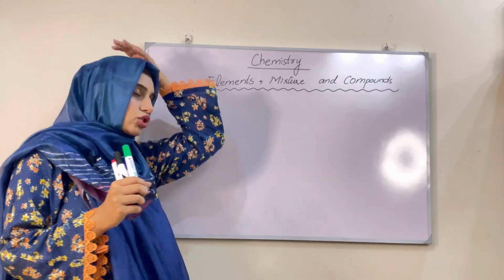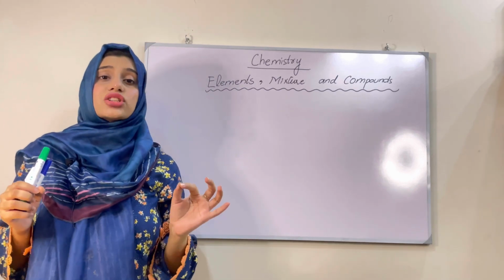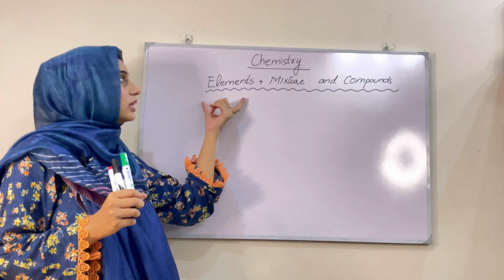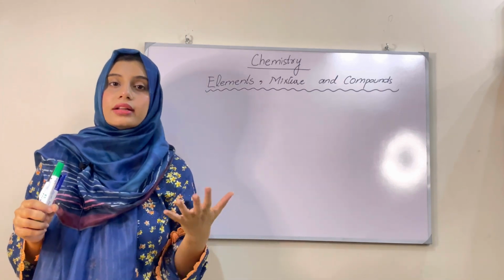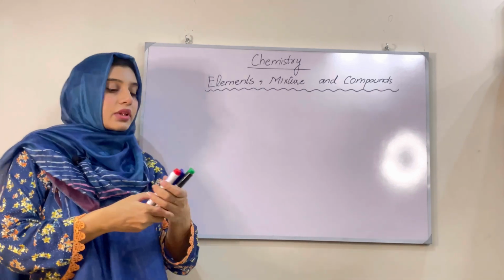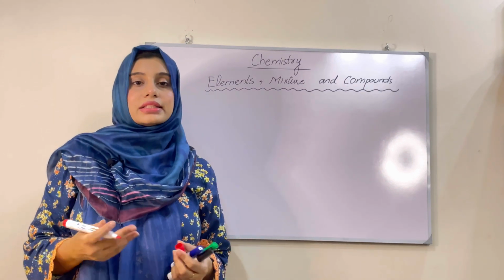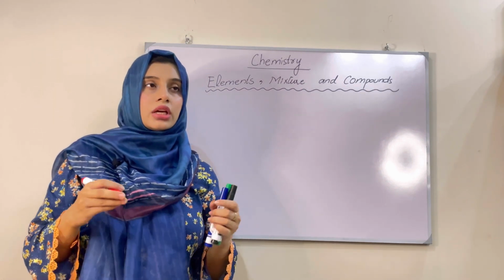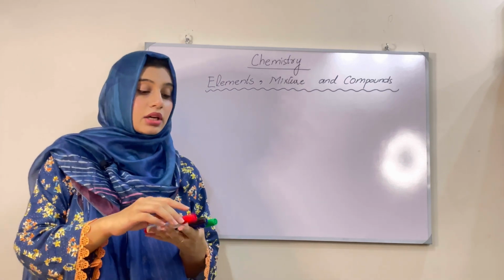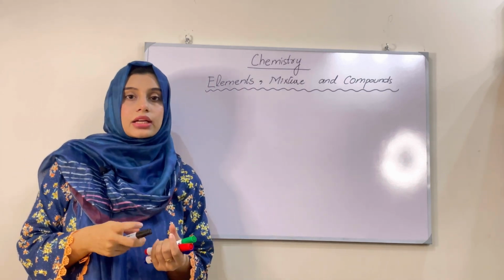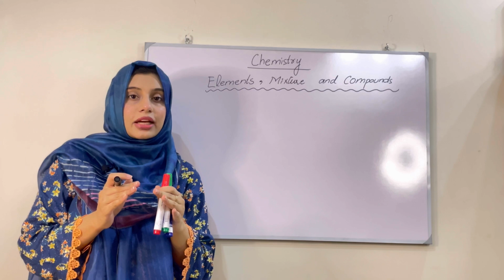So in today's lecture our main agenda is how these elements are made, what the elements are made up of. First of all, whenever we discuss, observe or analyze something, the first thing that comes to our mind is what this particular thing is made up of.